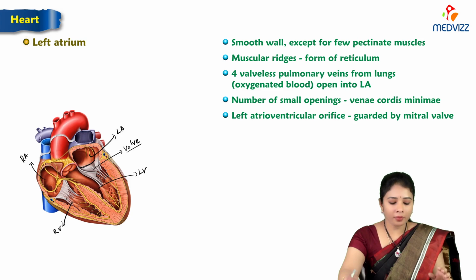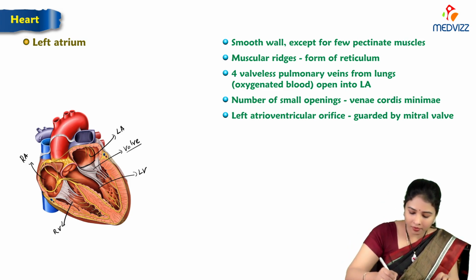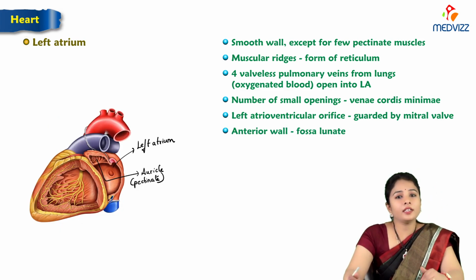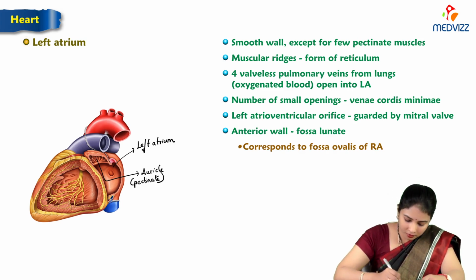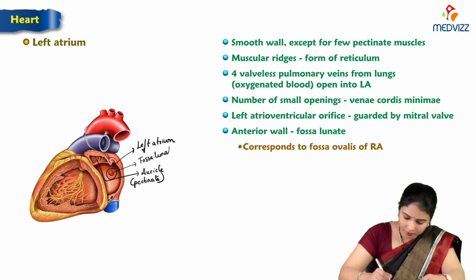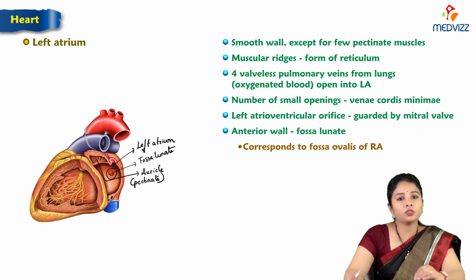It is guarded by the mitral valve, which is called the bicuspid valve. The anterior wall of the left atrial cavity presents the fossa lunata, which corresponds to the fossa ovalis of the right atrium. So this is the fossa lunata, which corresponds to the fossa ovalis of the right atrium.